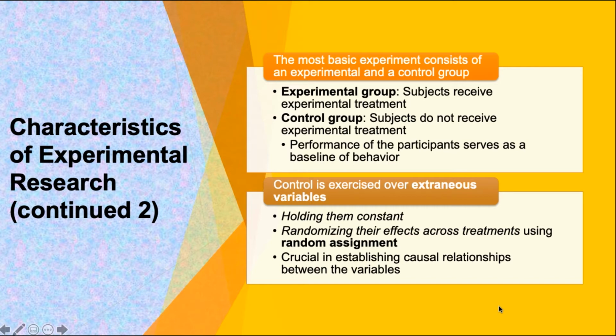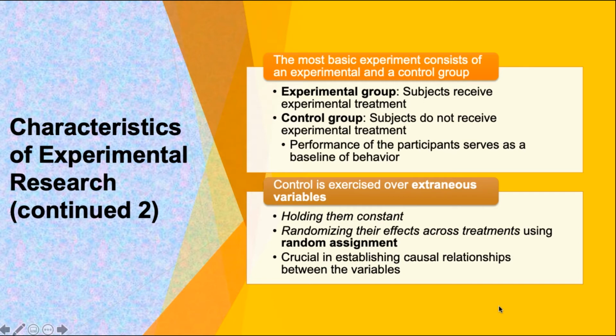If some of your participants show up for the experiment drunk, they drank alcohol, their degree of intoxication becomes an extraneous variable. This would be especially problematic if more drunk students ended up in one group than in another.